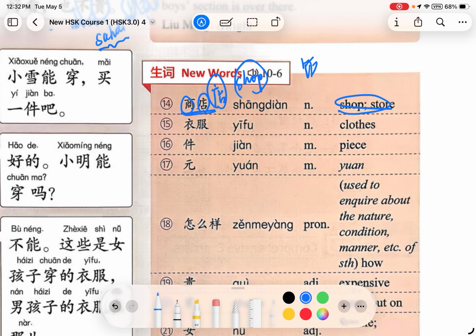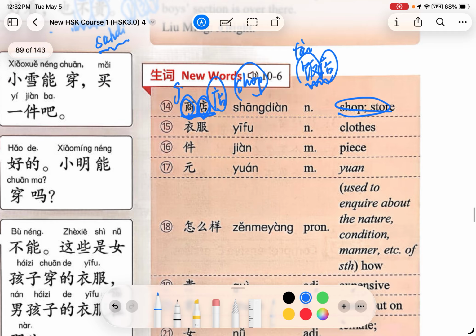We learned this one before: 饭店. 饭 means meal, 店 is shop, so 饭店 means the shop that sells meals. 商店 is the shop that sells goods. So it's store.